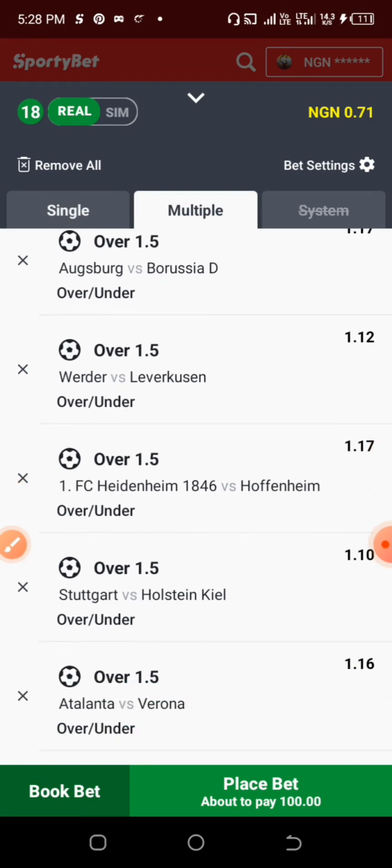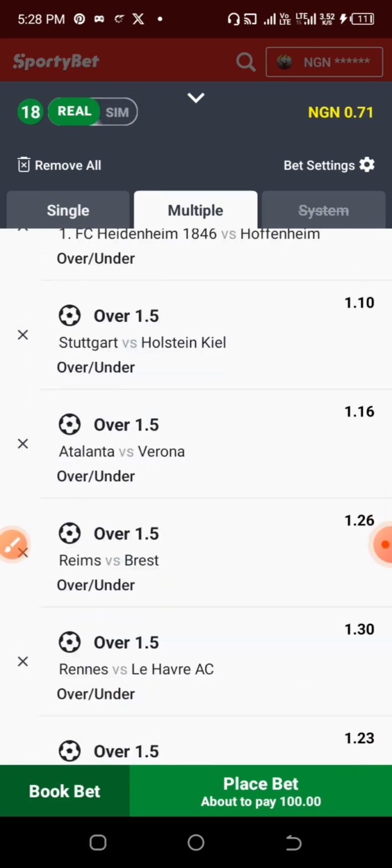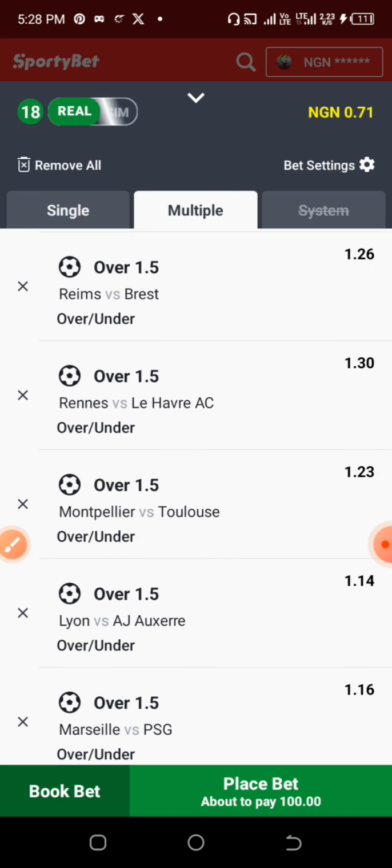So we are having odds that are around 1.12, 1.17, 1.10, 1.16, 1.26, and even 1.30. So these particular odds are based on the probability of outcome, and based on the evaluation of the bookmakers, like what they are expecting.